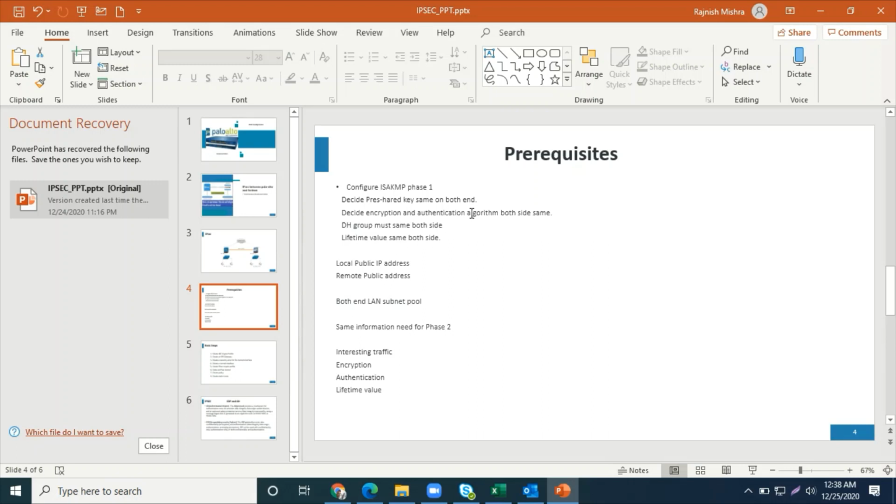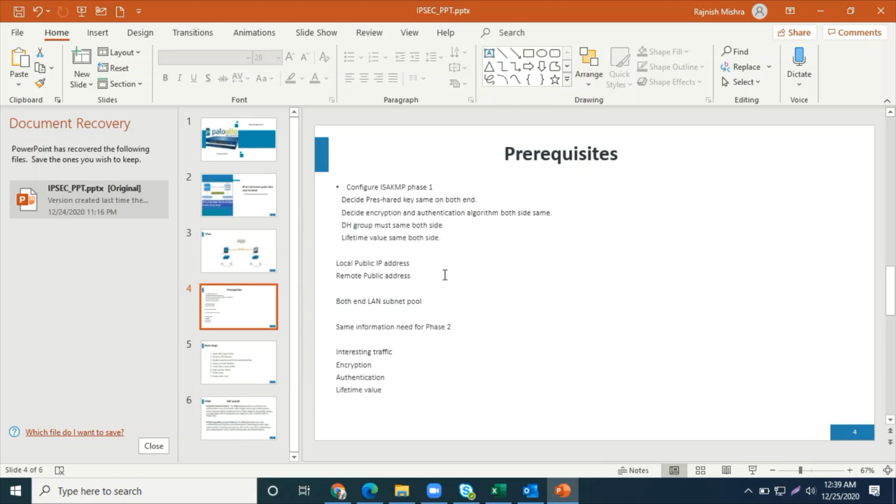The DH group, the Diffie-Hellman group, must be the same on both ends, and the Diffie-Hellman group provides a session shared secret key. The lifetime value must also be the same on both ends. We know the public addresses of both sites, the local site and the remote site.